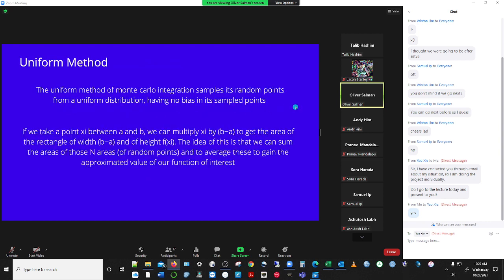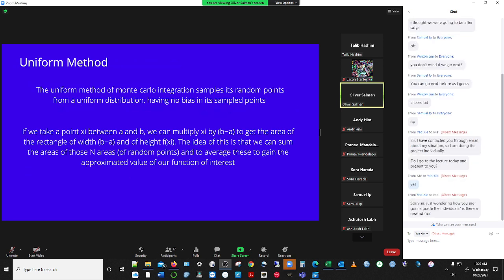We have two methods of Monte Carlo integration, the uniform method and importance sampling. We'll get to that a bit later.